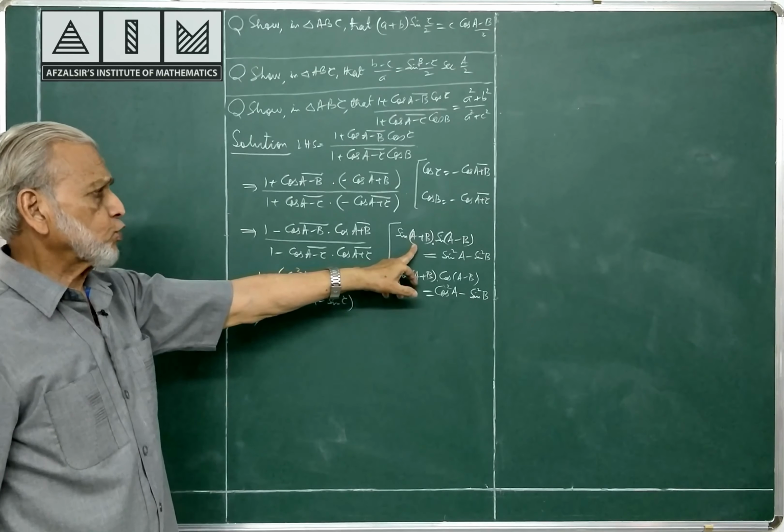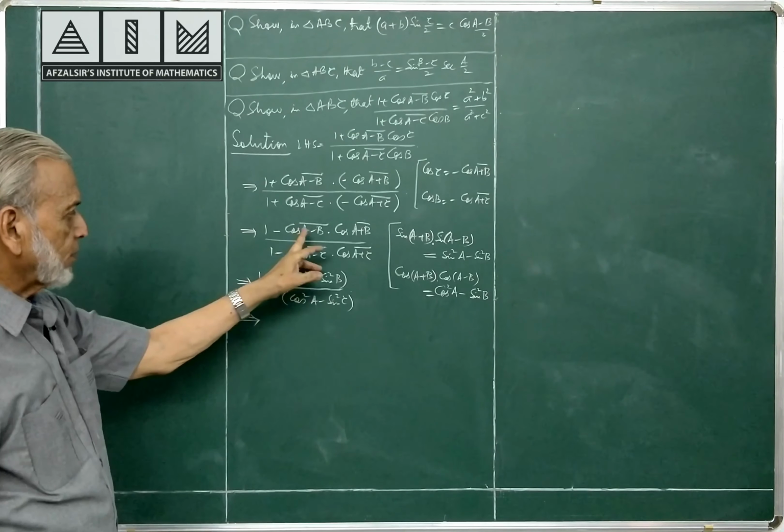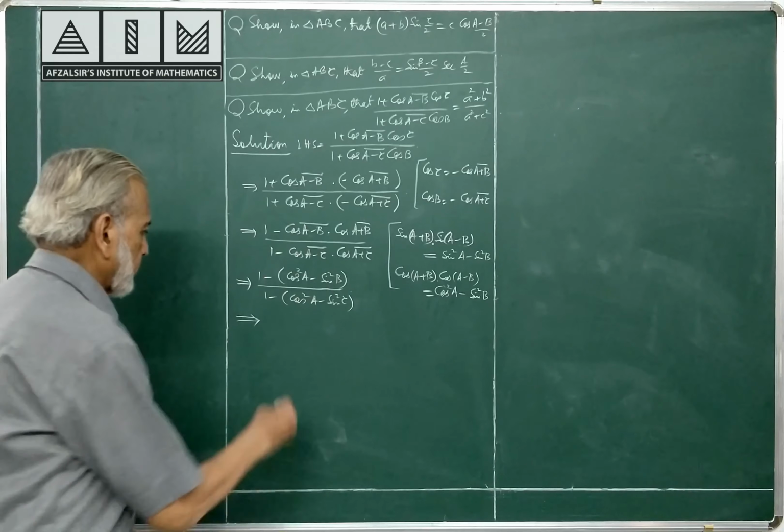Please remember this also: sin(A + B) into sin(A - B) is sin square A minus sin square B. So I have substituted these formulae here.